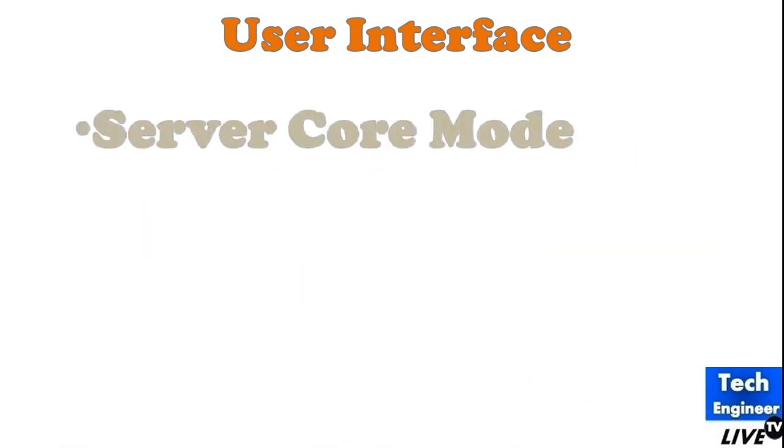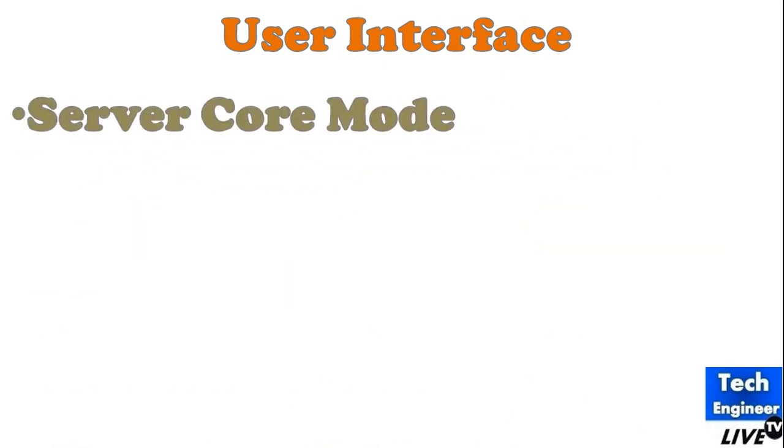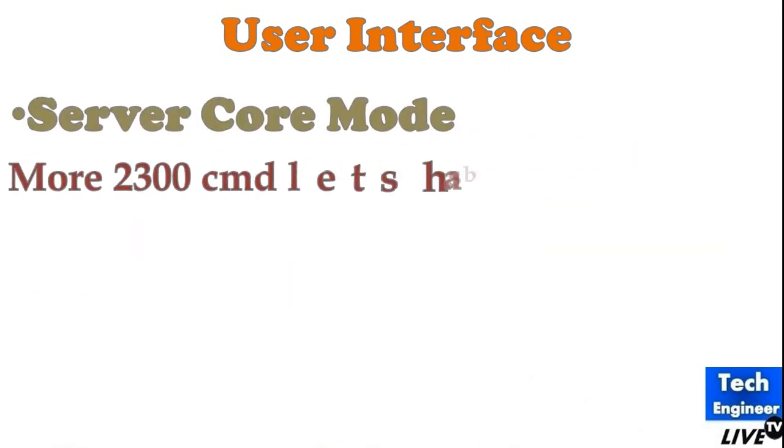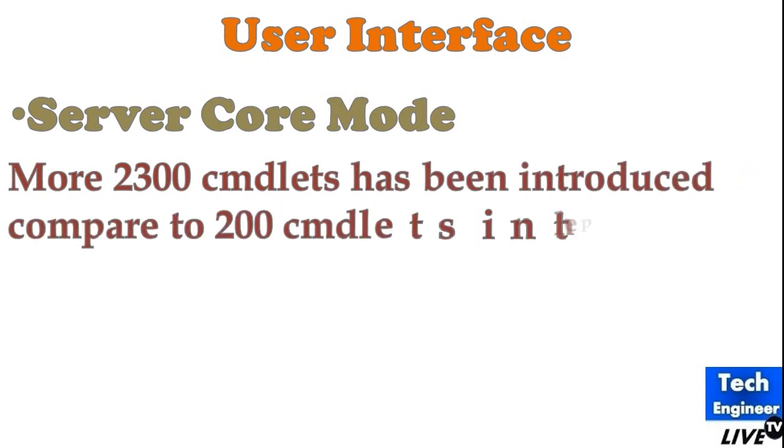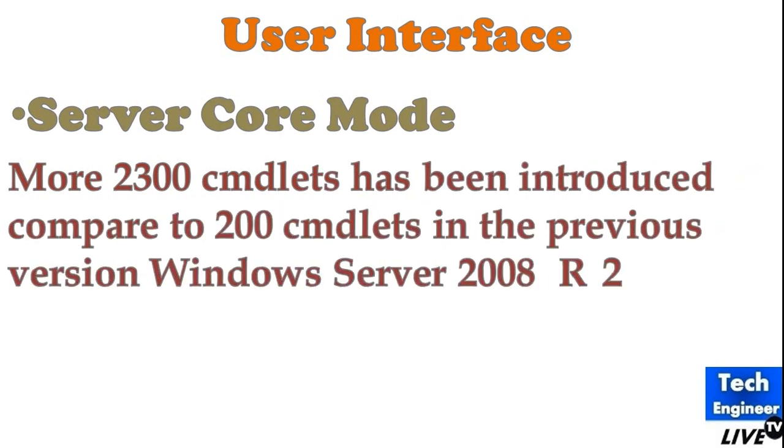It also has a Server Core mode, and Server Core mode now has 2300 command line interface commandlets introduced, compared to 200 commandlets in the previous version, Windows Server 2008 R2.